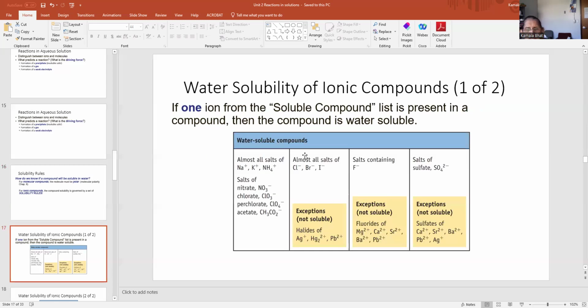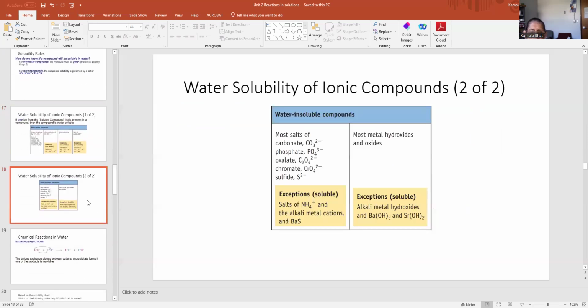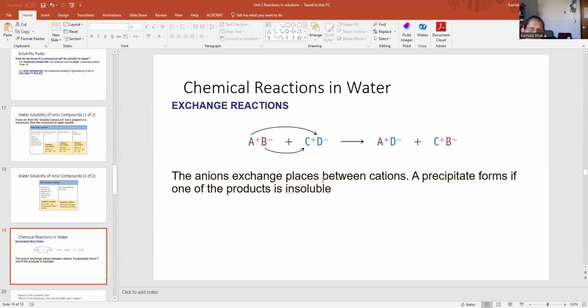And here, learn the exceptions, because it is really hard to remember all the rules. It is a good idea to do that, because in many cases in multiple choice questions, these exceptions play a very important role, so you can quickly identify whether a product will be water insoluble or not. Now, chemical reactions in water are considered as exchange reactions.